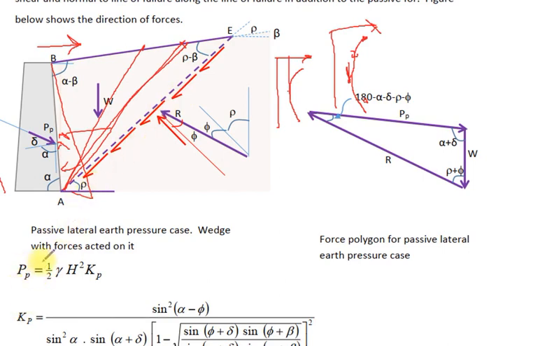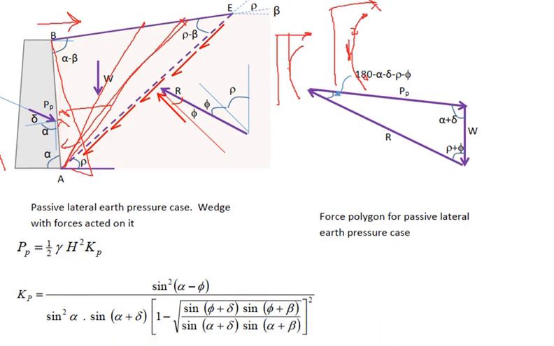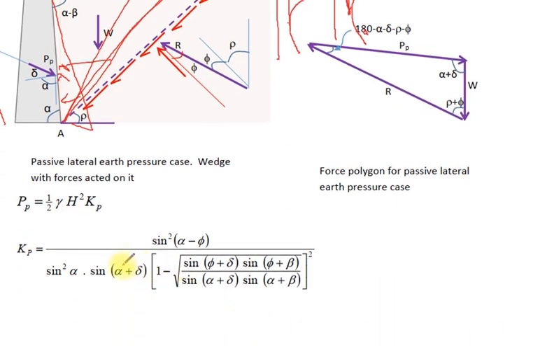P passive equals 1/2 gamma H squared K passive, and K passive can be obtained in explicit form by this equation. K passive equals sine squared (alpha minus phi) divided by sine squared alpha sine (alpha plus delta) times [1 minus square root of (sine (phi plus delta) sine (phi plus beta) divided by sine (alpha plus delta) sine (alpha plus beta))] squared.